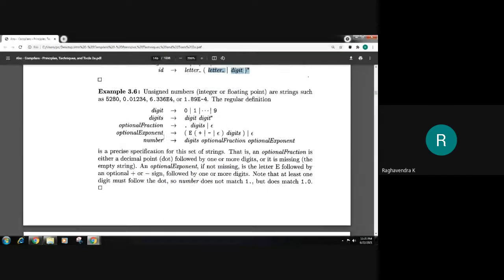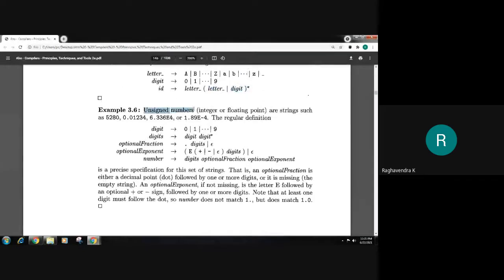One more example, for an unsigned number, which can be of any of these forms, can be written as follows. First, a number is made up of digits, so let us have a digit first. Then the number itself is a collection of digits, so a digit is going to be followed by any number of digits. That is the first part. Then we might have an optional fraction part, which is defined like this. Then we have an optional exponent part, which is defined like this.